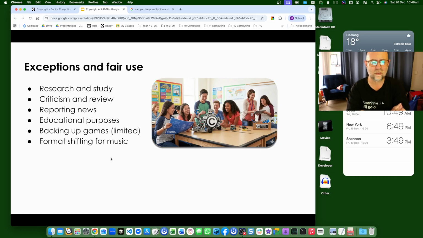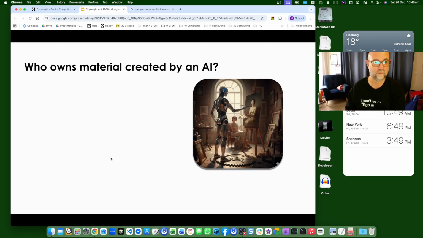They share files and whatnot, although I think it's probably less common in this age of streaming. But it is again a limited exception, sorry. It's not that you can make as many copies as you want. You can shift it into another format that you use, but it's really for you, and I think also for your family, or your household. So somebody else in the house can put on that CD. It's not quite that ridiculous.